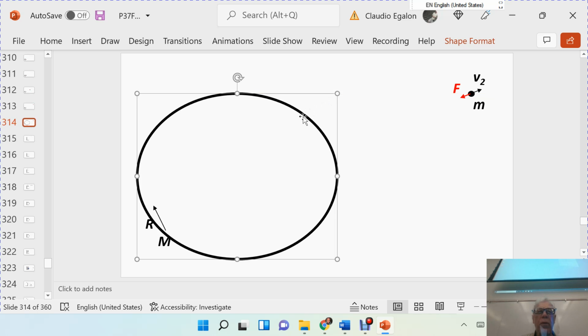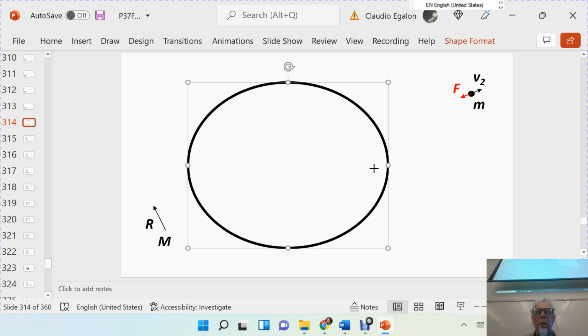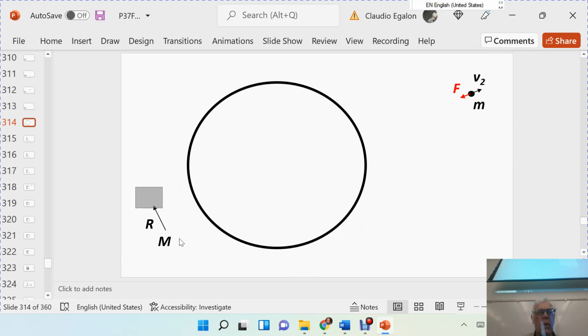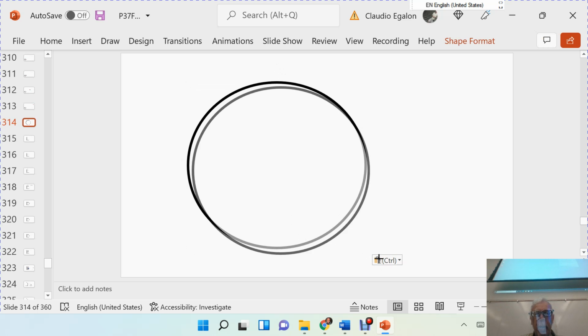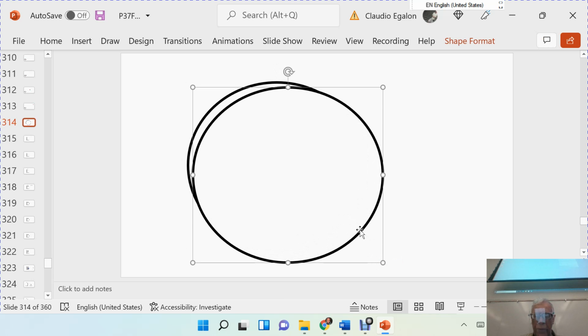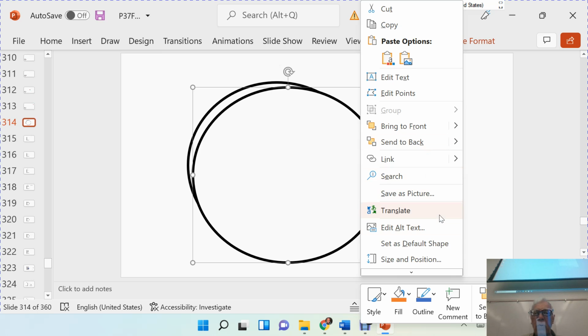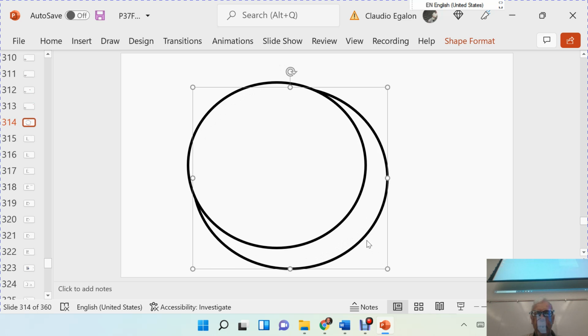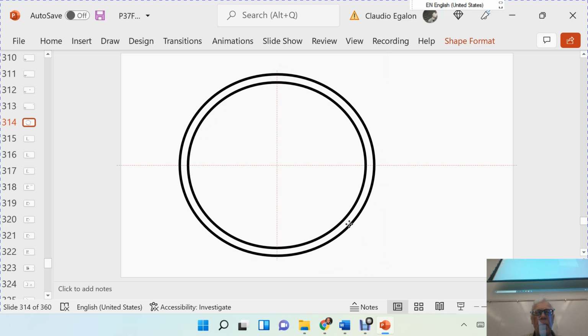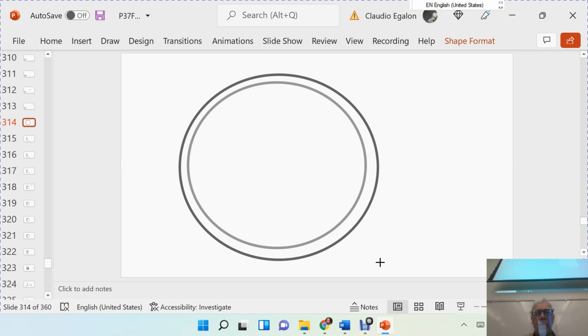Okay, so just think about the surface of the Earth. Here's the Earth. The Earth is surrounded by an atmosphere, right? The atmosphere is very thin, by the way, compared to the radius of the Earth. I'm going to exaggerate the thickness of the atmosphere.